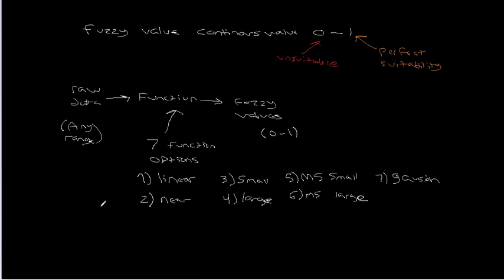And then we have these function options that actually control this conversion process, where we're going to spend most of our time talking, because this is where we have control, right? This is the thing that we have control over, are these functions that convert raw data to fuzzy values.